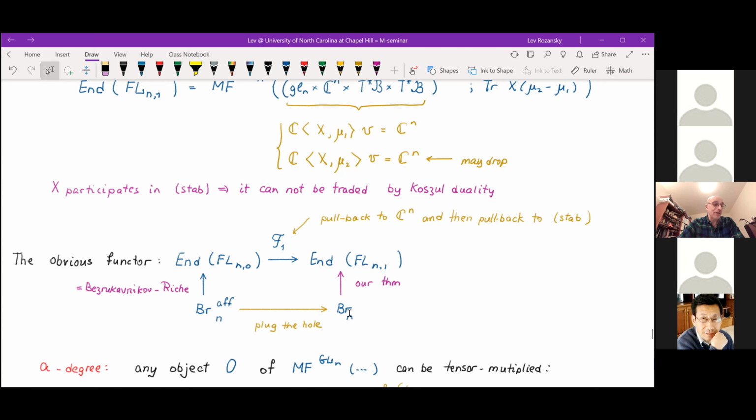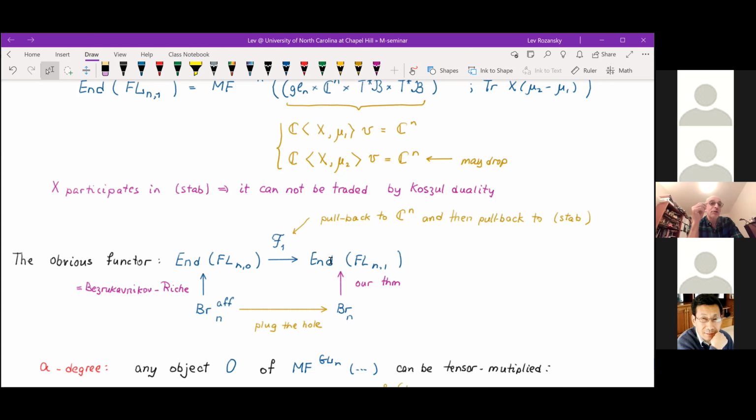And our theorem is that if you send ordinary braids, the theorem is that going around the hole becomes trivial. The reason is that the stability condition punctures the P1, whose line bundle gives the affine element of the braid.